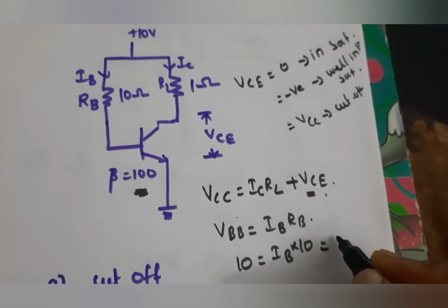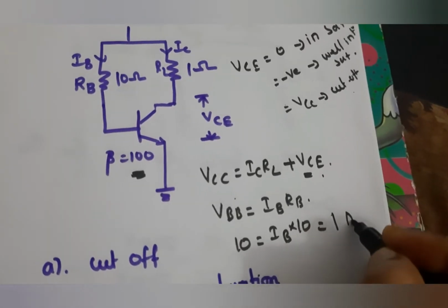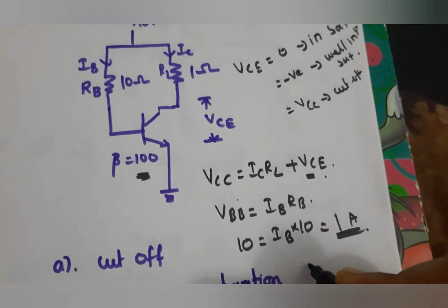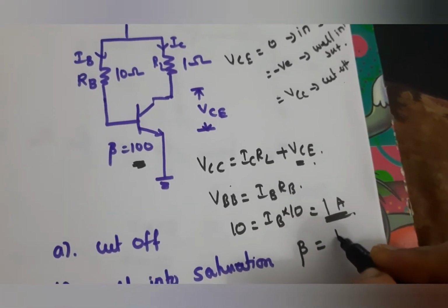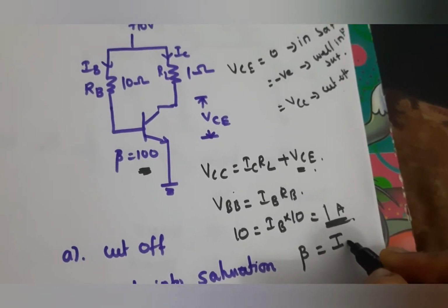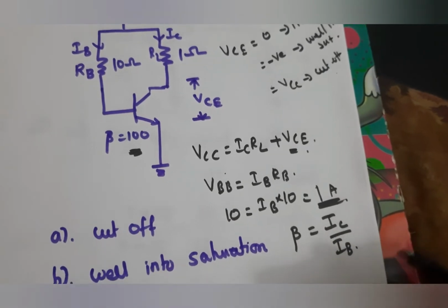From that we can easily get IB as 1 amp, and the relationship for beta is IC divided by IB.